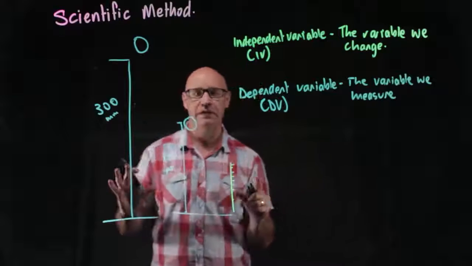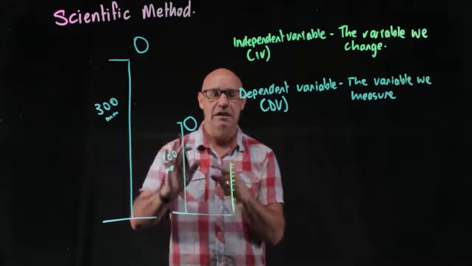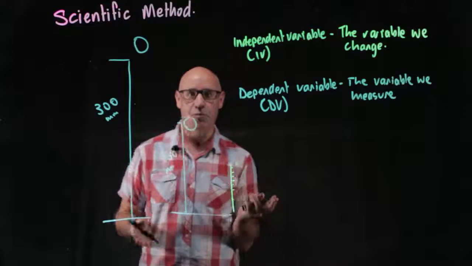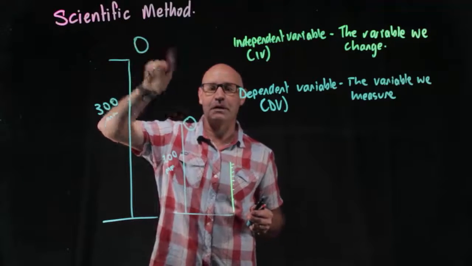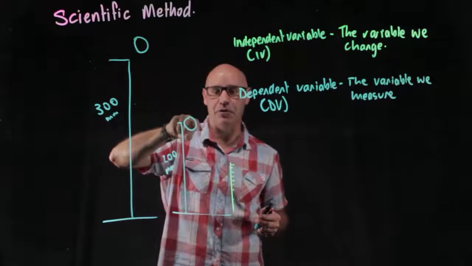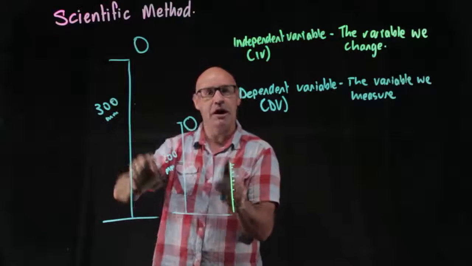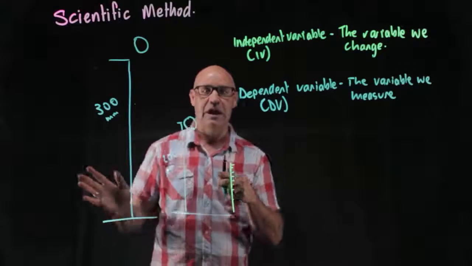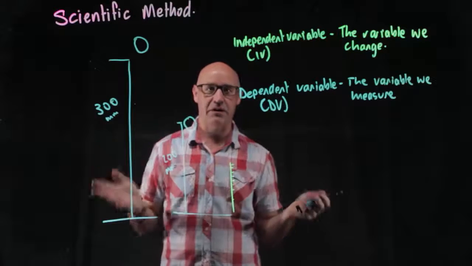So in good scientific method, we only change one independent variable at a time. Because otherwise, if we change more than one, for example, if we have a cricket ball and a handball, so different balls and then also different heights, well, we don't know which one of those variables has had the effect on the rebound height, so it's very confusing.